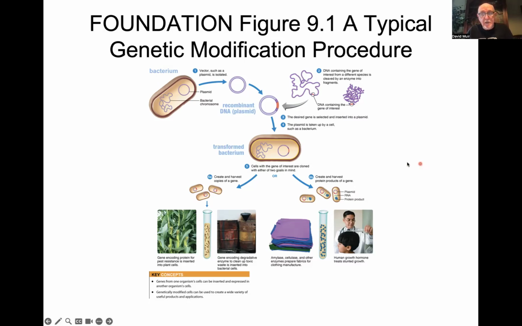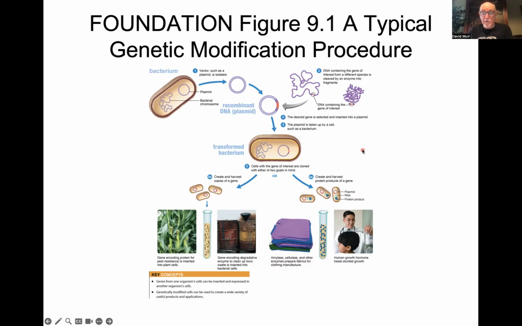What we're usually going to do is make use of a vector to move DNA around, to move genes of interest from one source to another. Those vectors most commonly are bacterial plasmids.